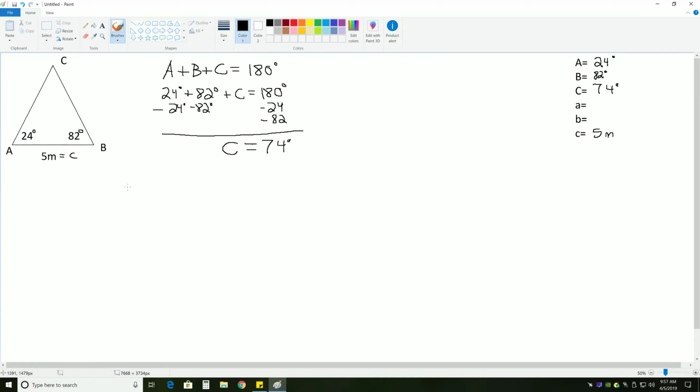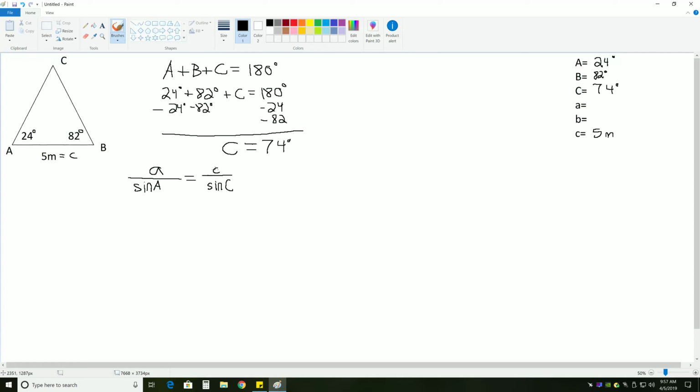So side A, we're going to get with the law of sines. Remember, the law of sines says that if you take any side and divide it by sine of its corresponding angle, or its opposite angle, that's equal to any other side divided by sine of its opposite angle.